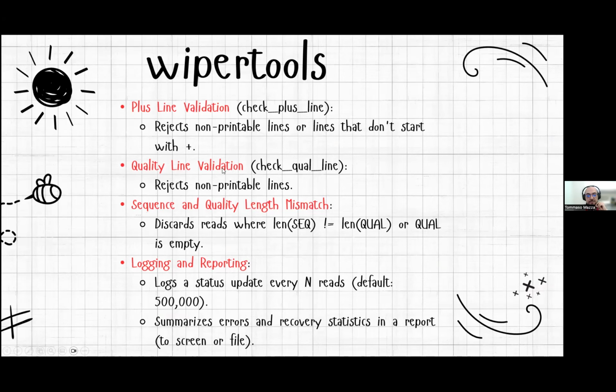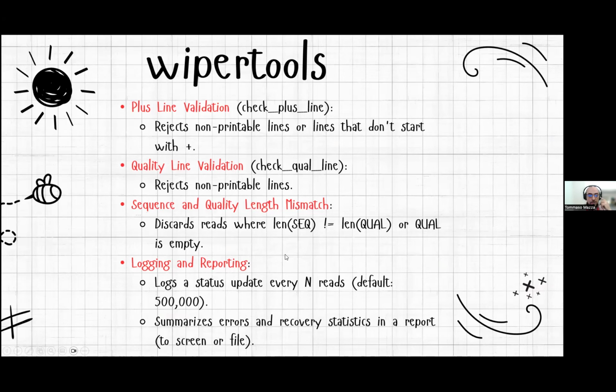Check the quality line, just rejecting not printable lines. The latest check is that the length of the sequence string, so the second line, if you remember, must be equal to the length of the quality string, of course.